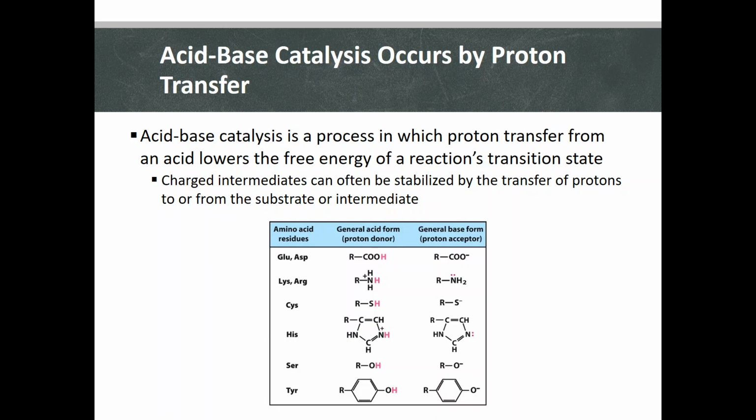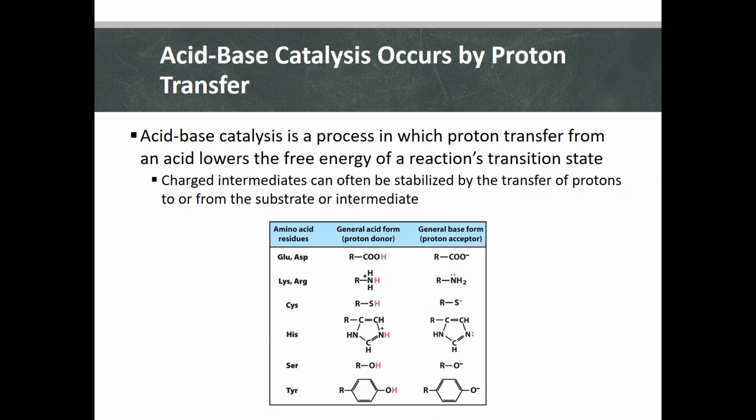So when we talk about acid-base chemistry, this implies transfer of protons to or from something to something else. If this is going to be catalytically useful, the transfer of protons to or from the substrate or intermediate is going to ultimately lead to transition state stabilization. Remember that it always comes back to the stabilization of that transition state.